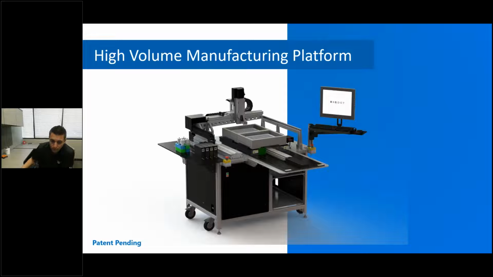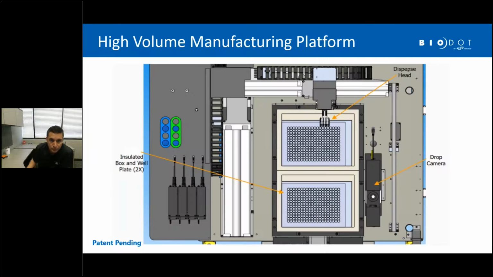This is a shuttle out here in the front where the baths can come out, so an operator can access the liquid nitrogen bath and the trays, and then when they're ready to load, they come back in and they can dispense. Throughput on this system is usually in the 60 to 90,000 beads per hour.